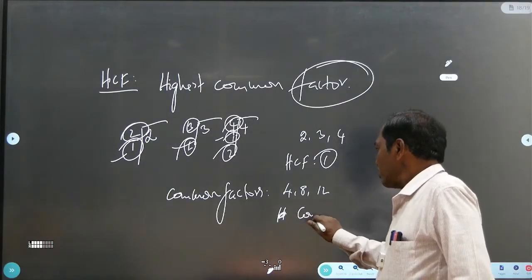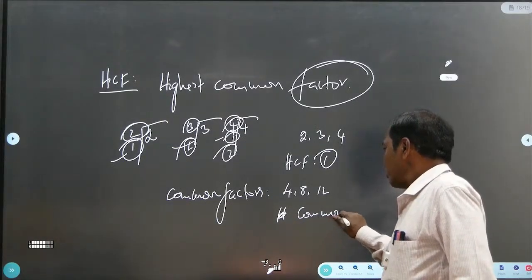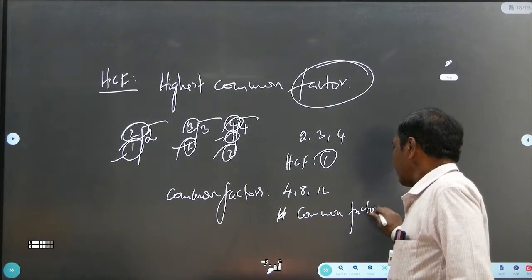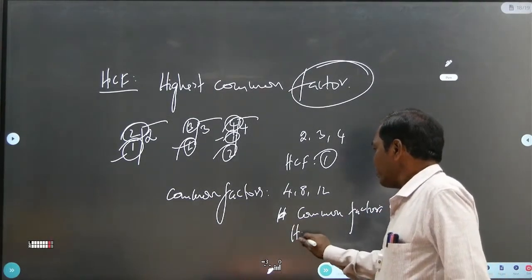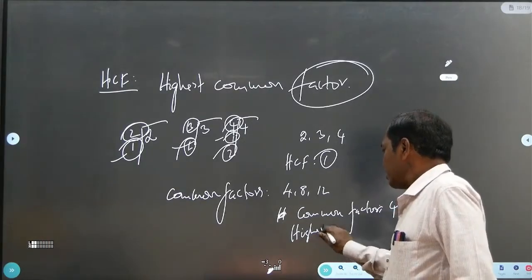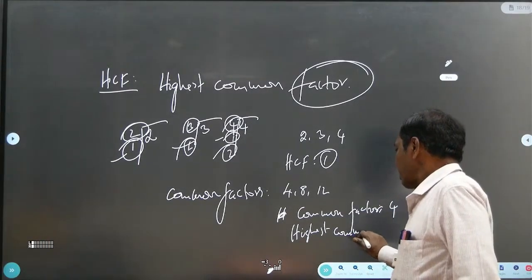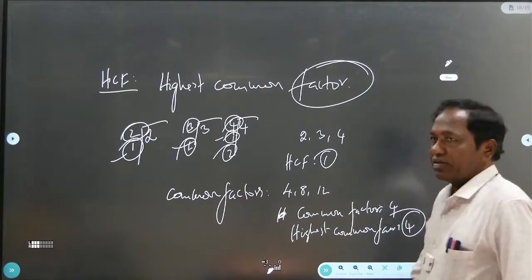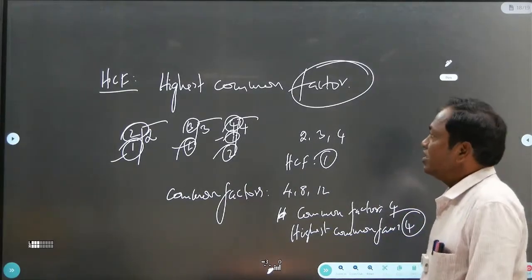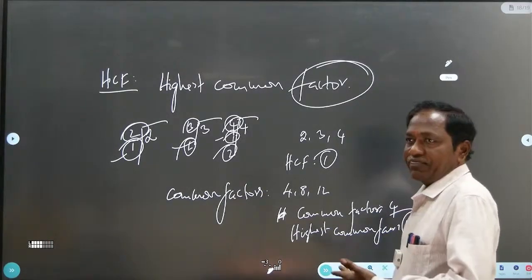That is the common factor. The highest common factor is 4. See, this is the HCF we already discussed.